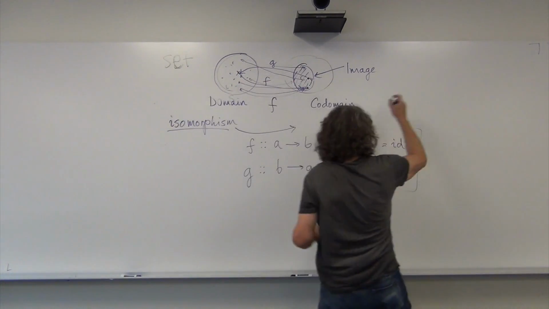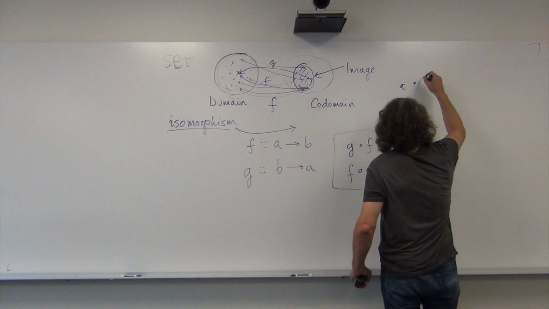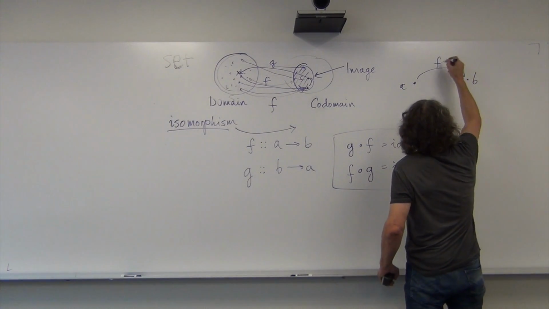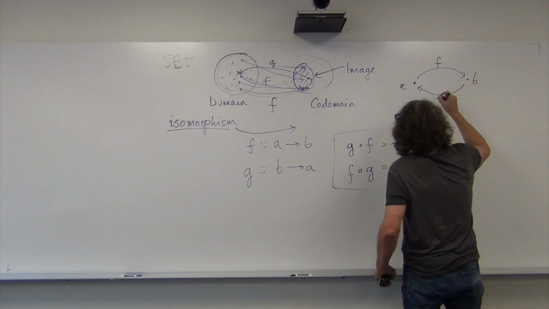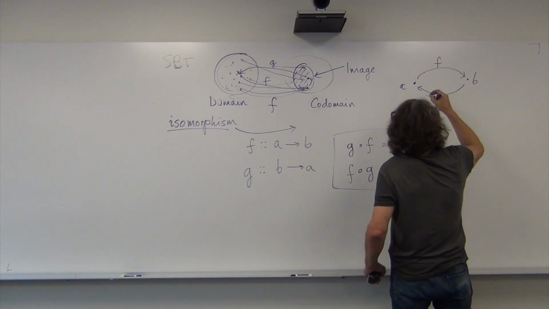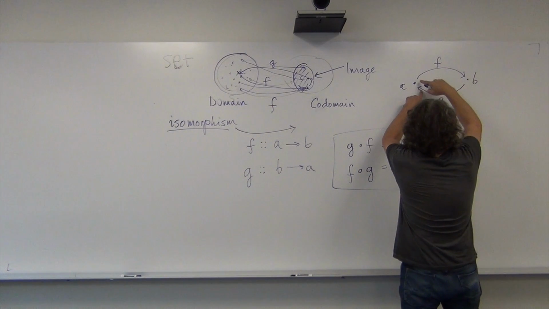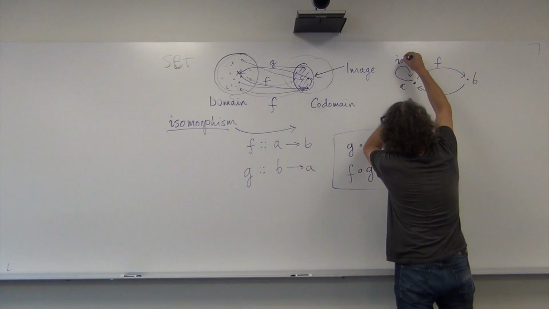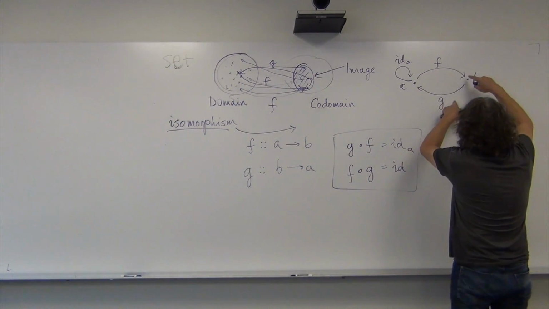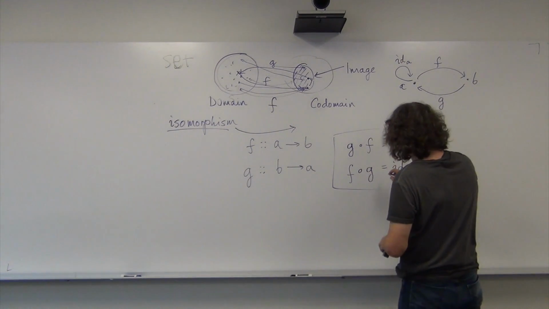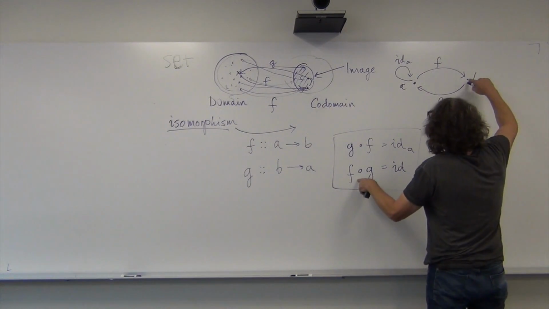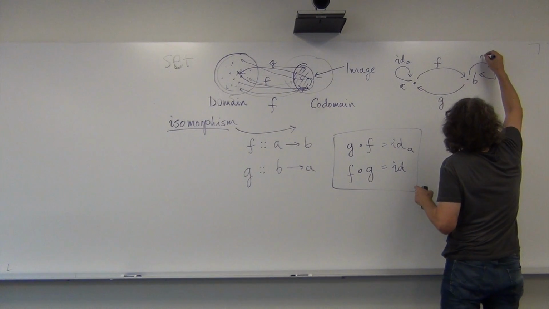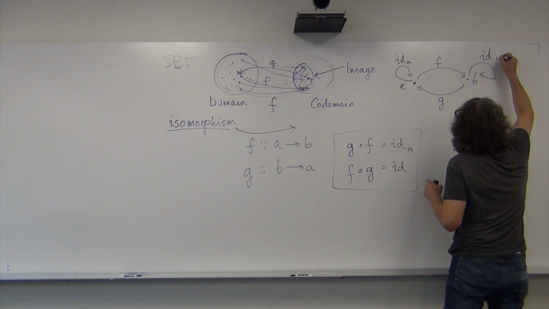So now let's forget about this picture and say A, B, this is F, this is G. Okay? So G after F, I'll get identity on A. And then F after G, so G first, F next, it's the same as identity on B.